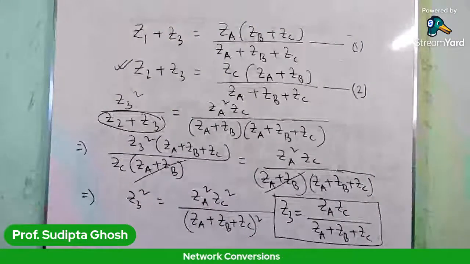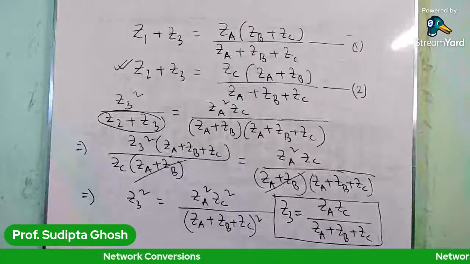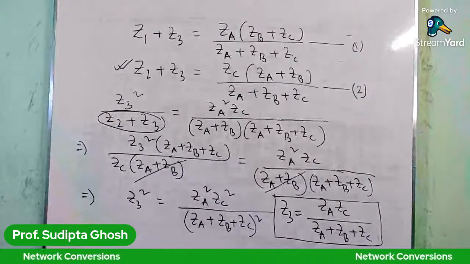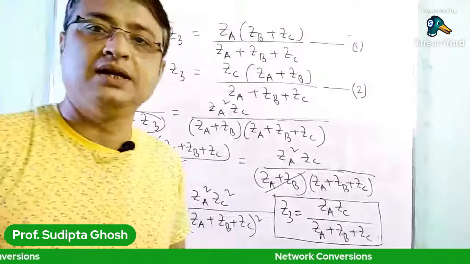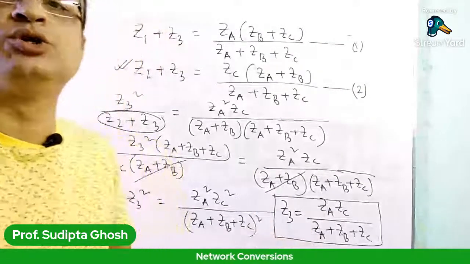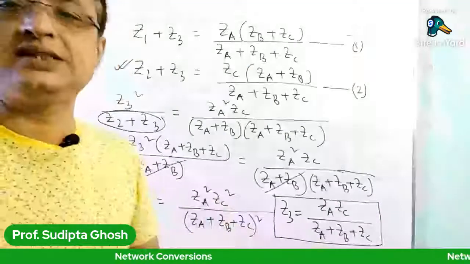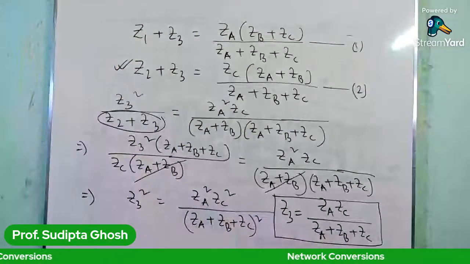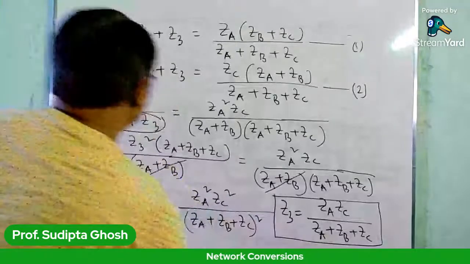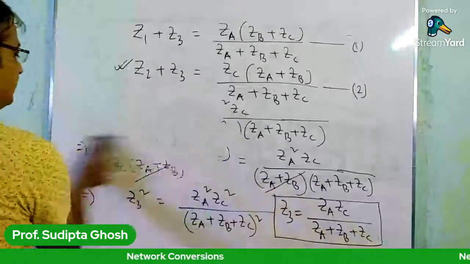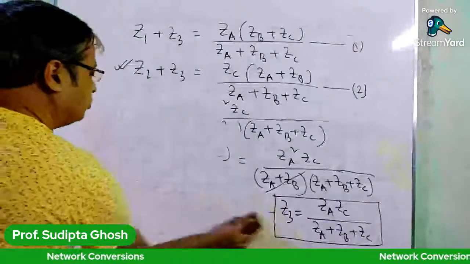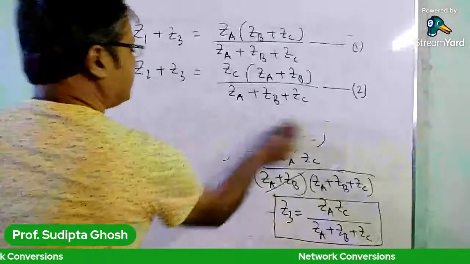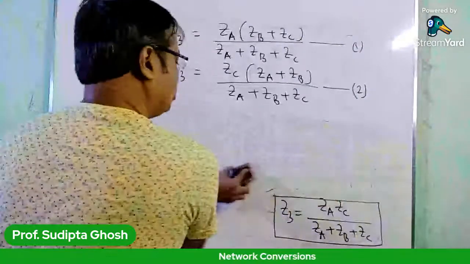So if you have the three different values of a pi section, we can convert it into the T section impedances, and proceeding in the similar way, we can derive the values of Z1 and Z2 as well.